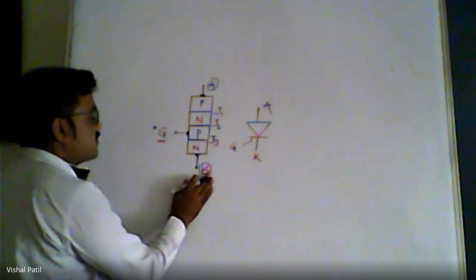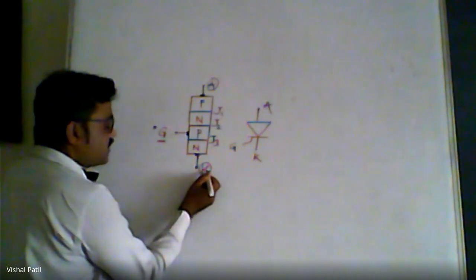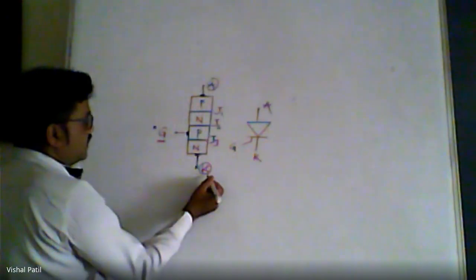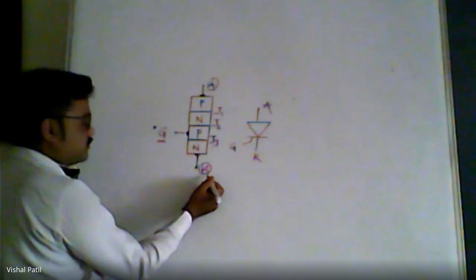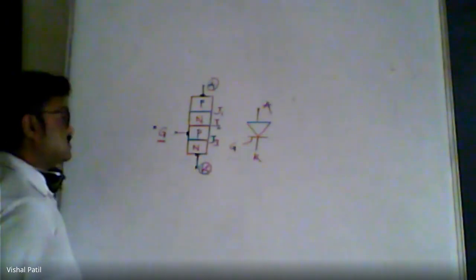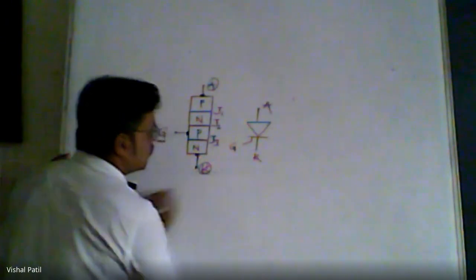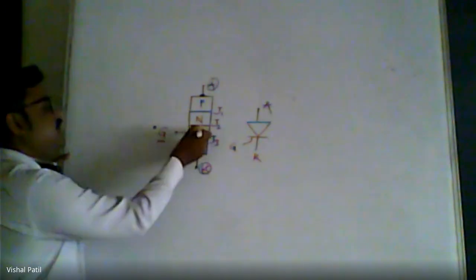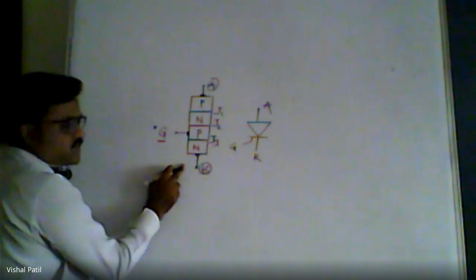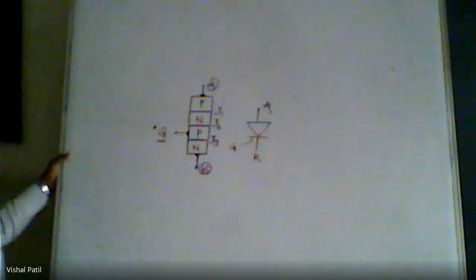We must connect the cathode to the opposite of the anode, that is, the extreme bottom layer of the thyristor. So this has to be the cathode, and the gate should be connected to that P layer which is close to the cathode. So this is how we should draw the structure of thyristor.